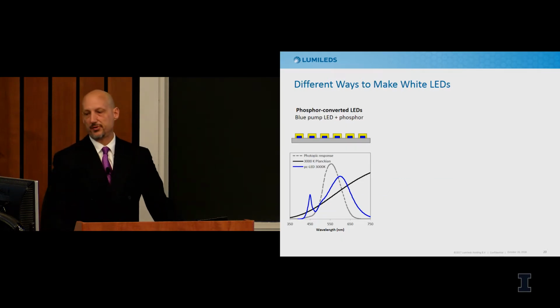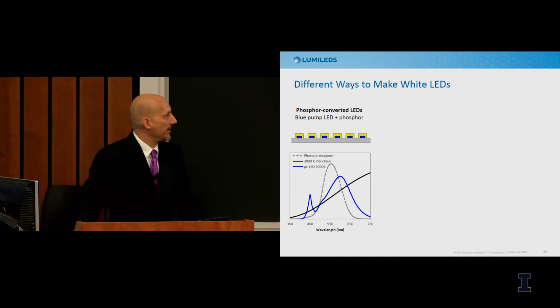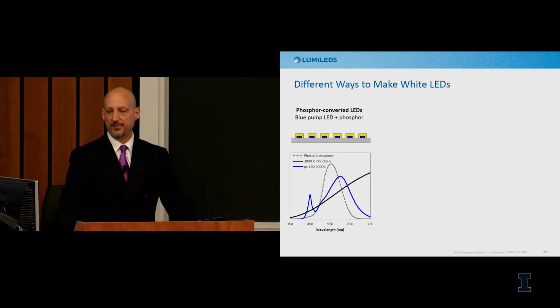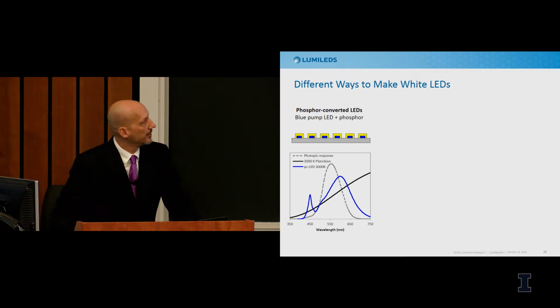Now that the full spectrum of devices existed, what was still missing was white. There's a variety of ways to make white. The most common way is to use a blue LED pump and then a broadband phosphor to fill in the rest of the colors of the spectrum.